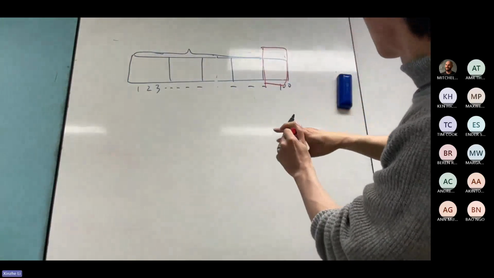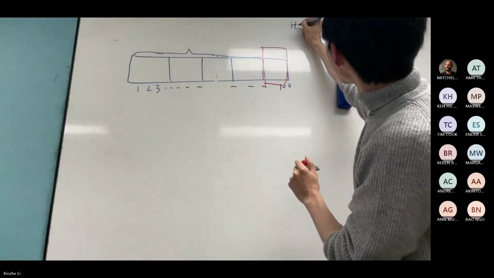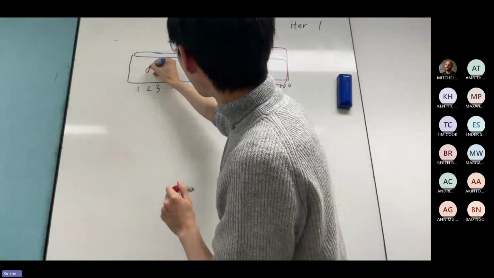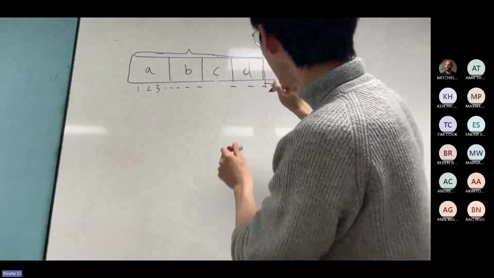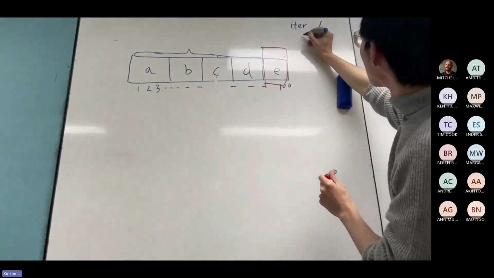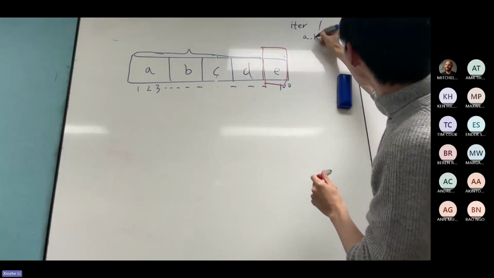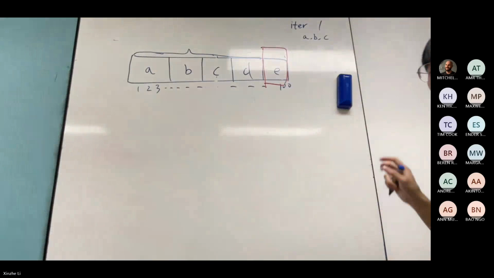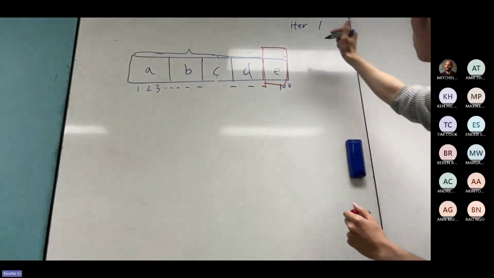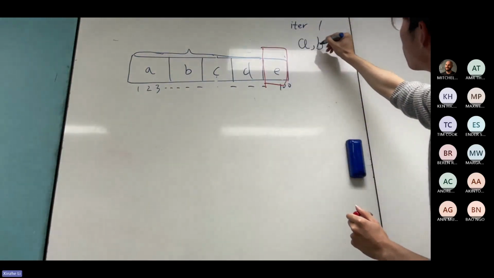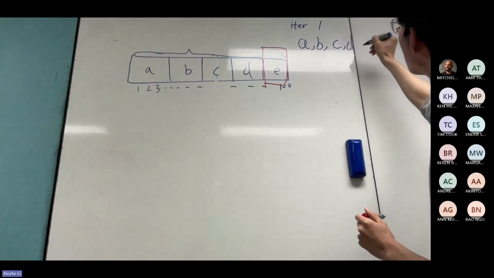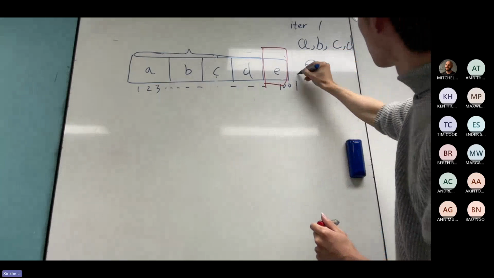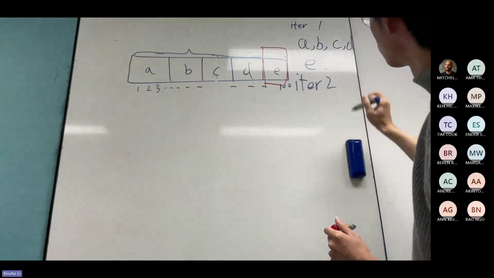Let me mark the groups A, B, C, D, E. We use A, B, C, D for training, and use E for testing. That is iteration 1.